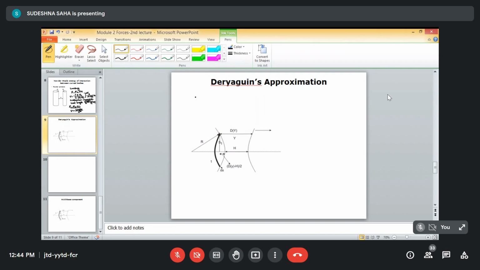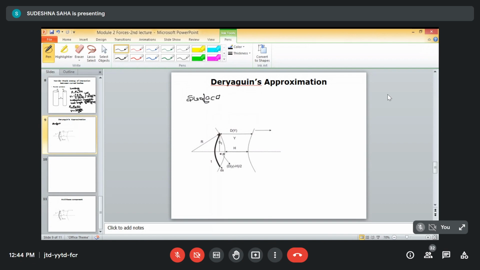So the surface area: first consider these are the two particles separated by a distance h over here.